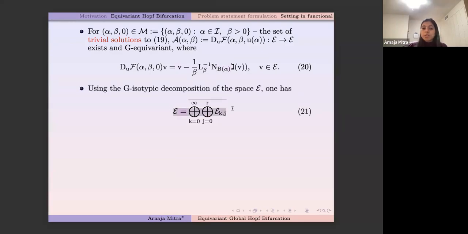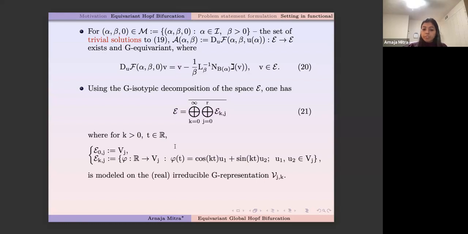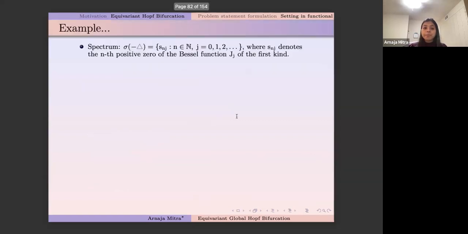And similarly, we decompose our space according to the G-representation V_kj, where k denotes the k-th Fourier mode of the S1 action. Moreover, we consider the restriction of our linearization on each of the decompositions E_kj.